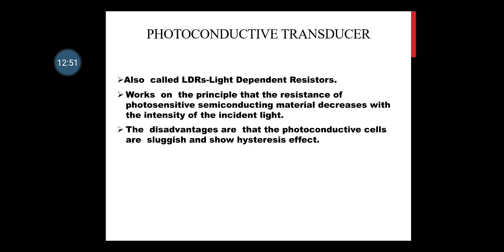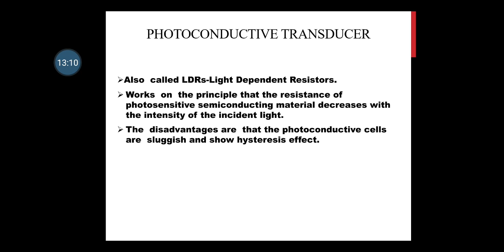Now the next category is the photoconductive transducer. Photoconductive transducers are also called light dependent resistors. We have already studied this in chapter 1 of basic electronics. When light falls on it, its resistance value changes.